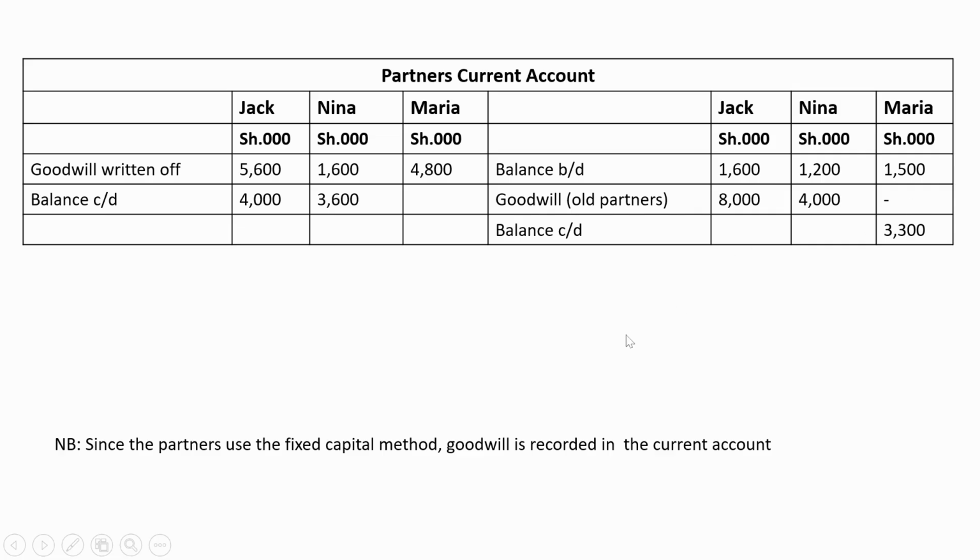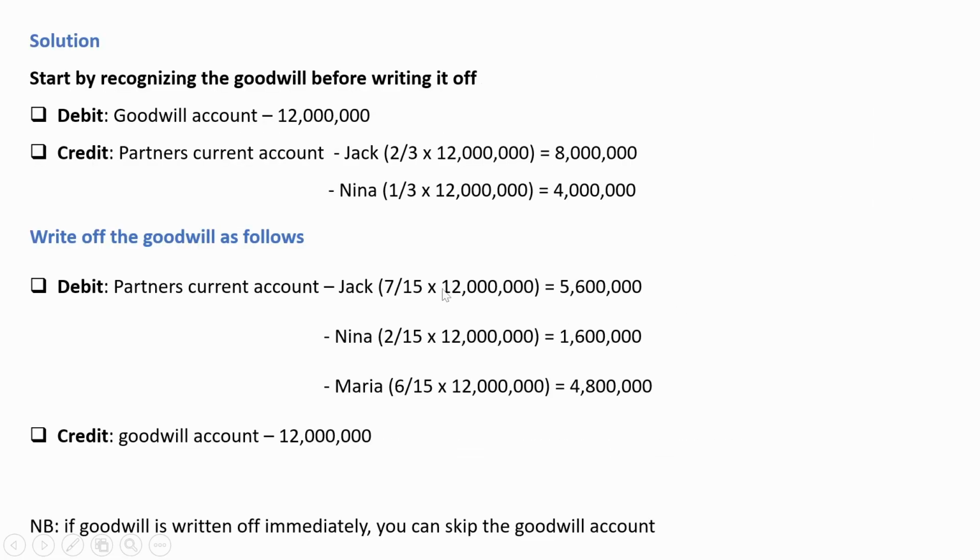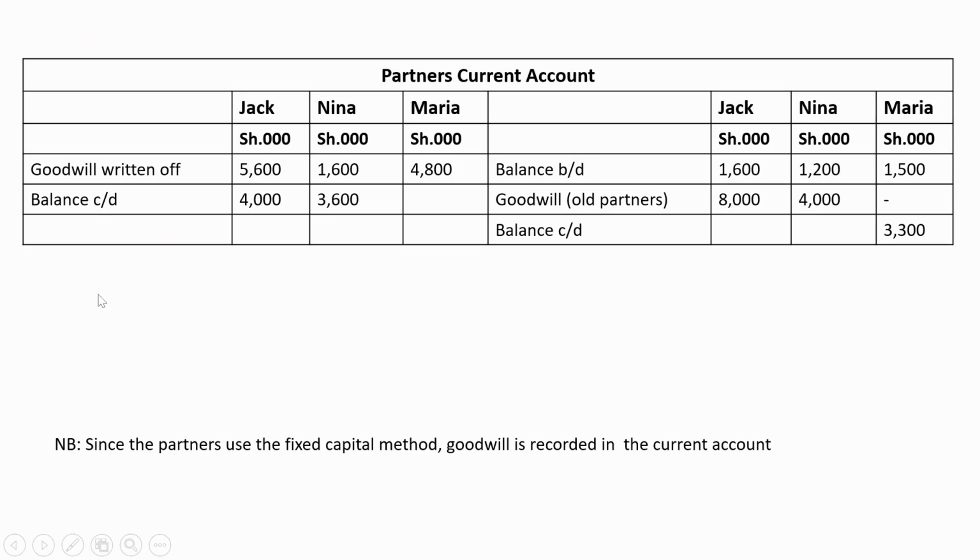Then once the goodwill is written off, we said we are required to debit the partner's current account. Jack 5.6, Nina 1.6, Maria 4.8. So this is the debit side. So on the debit side, we show the goodwill written off, Jack 5.6, Nina 1.6, Maria 4.8.